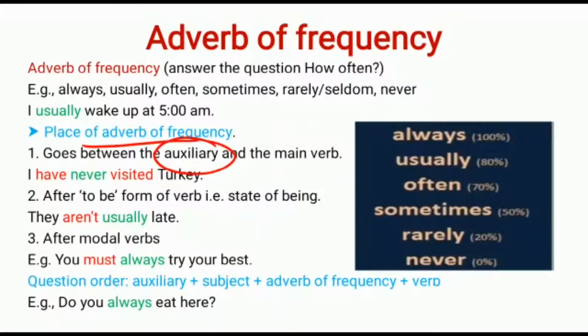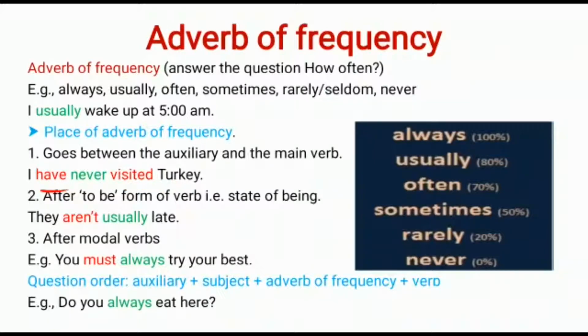You can understand this with the help of an example. I have never visited Turkey. Here, have is our auxiliary and visited is our main verb. And we have placed our adverb of frequency never between these two.